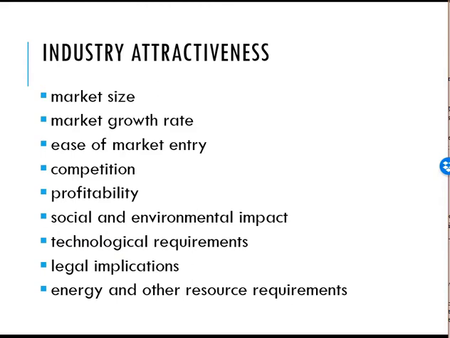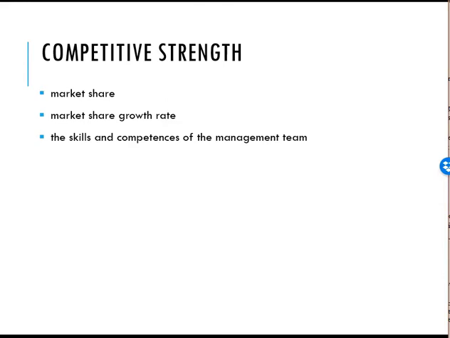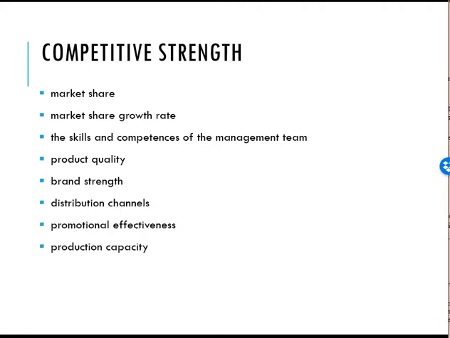So these are all decisions that we would make as an organization as to whether or not we want to create or start a business unit in that particular industry. Likewise, competitive strength has to do with either our market share compared to our competition, the growth rate, the skills and competencies of the management team, product quality, brand strength, distribution, promotional skills, production capacity and efficiency, unit costs, and then research and development success. In other words, how good are we at making a competitive product?